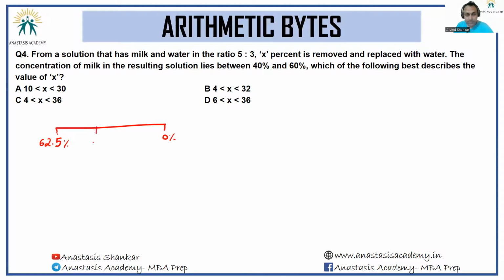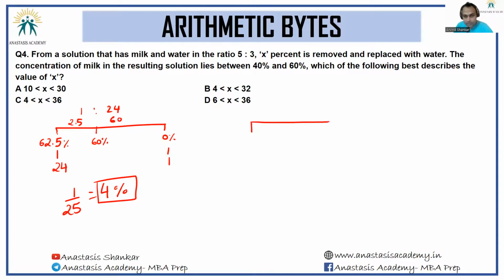And finally, I am reaching 60% milk. So this is 2.5. This is 60. Or the ratio is 1:24. The original solution, 24 units remain. And the replacement is 1 unit. So 1 by 25, 4% is the lower limit that has been identified.